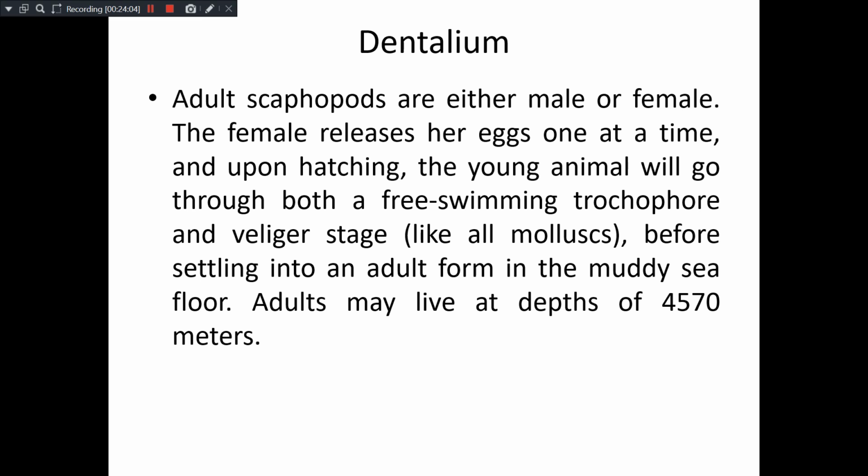These adult scaphopods are either male or female. The female releases her eggs one at a time, and upon hatching, the young animals go through a free-swimming larval stage known as the trochophore larva, which is followed by the veliger stage, like all molluscs.